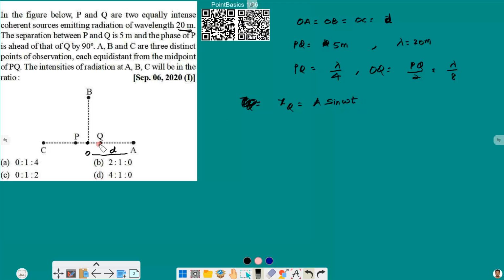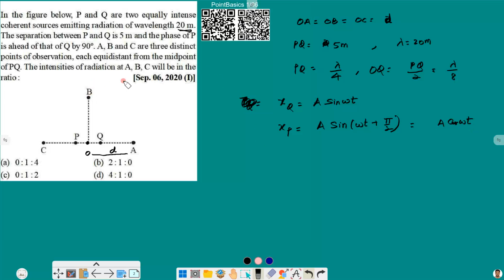That is the amplitude of the Q source. Then the amplitude of the source P will be, as both are identical and only we have a phase difference, A sine of omega t plus 90, and that is A cos omega t. So that is the basic setup we have.